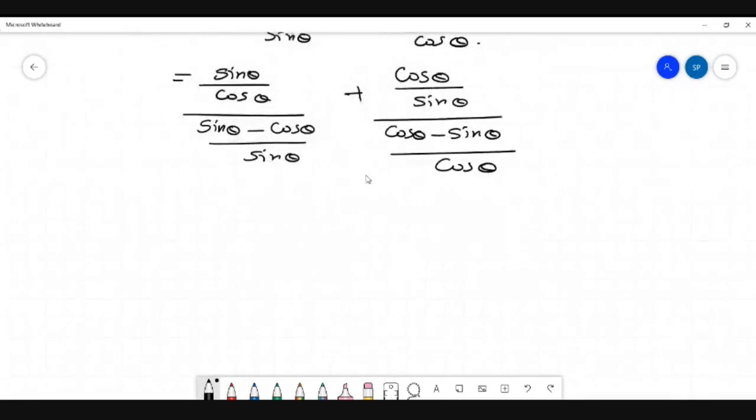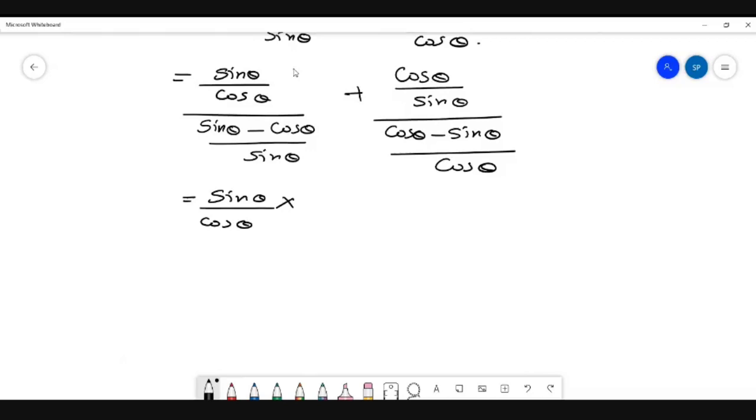Now let us solve this. Here we are dividing a rational expression by another rational expression. When you divide a fraction by another fraction, we have to take the reciprocal of the divisor and multiply with the numerator. So let us do here sin theta by cos theta into the reciprocal of this denominator, that is, this is the divisor here.